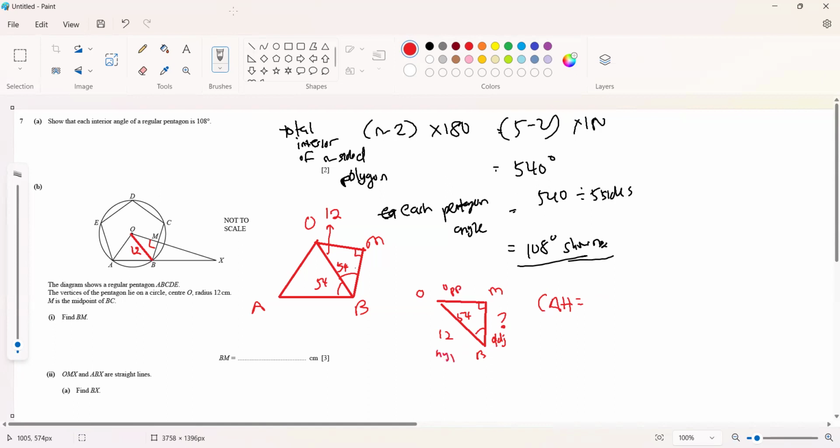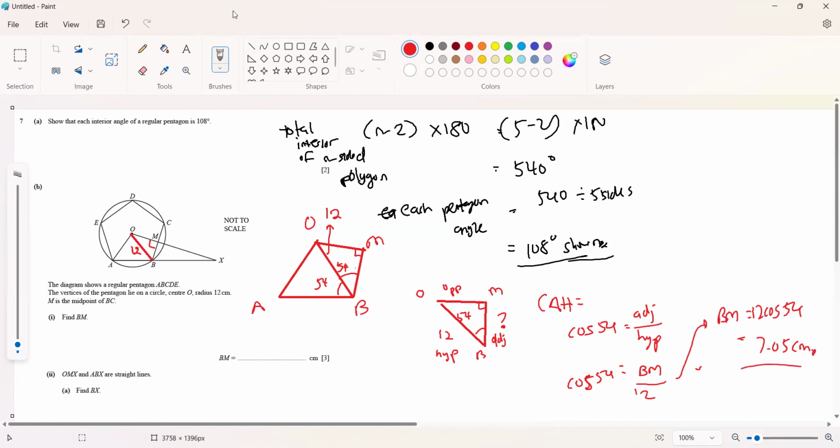This is hypotenuse. So we can use cos 54 equals to adjacent over hypotenuse. In other words, cos 54 is BM over 12. So from there, BM equals to 12 cos 54. And then we can get our answer correct to three significant figures. And that would be 7.05 cm.